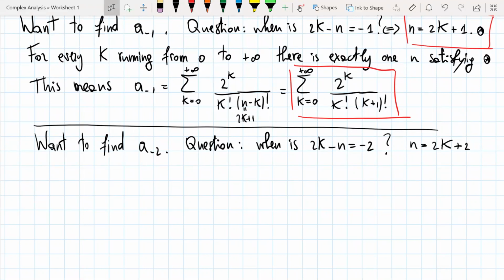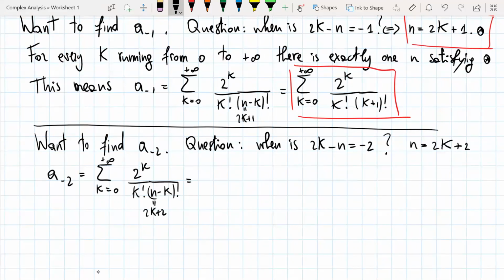And as before, this implies that a minus 2 is the sum for k going from 0 to plus infinity of 2 to the k over k factorial, n minus k factorial, but this time we know that n is equal to 2k plus 2.